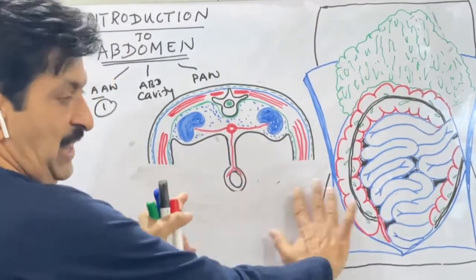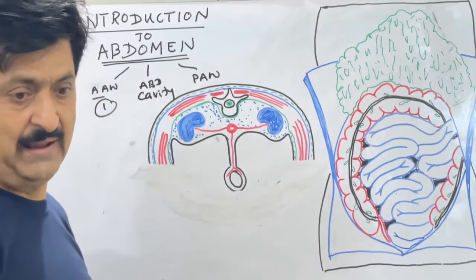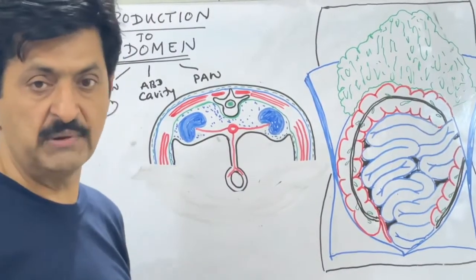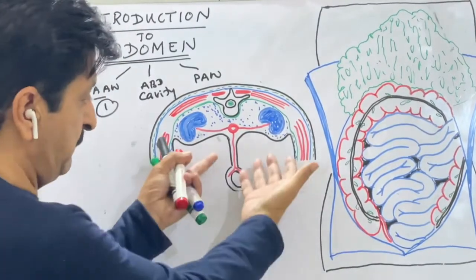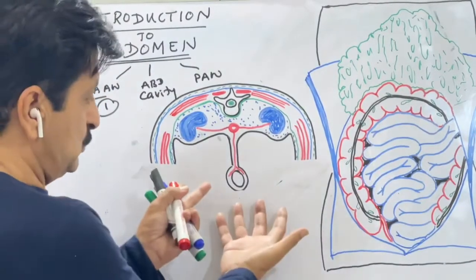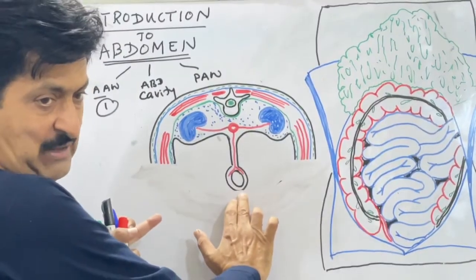But when you have removed all these 9 layers, the skin and fascia, then the three muscles, and then the three layers of fascia transversalis, extraperitoneal fat, and the parietal peritoneum, and the peritoneal fluid has been removed, you can't see the small intestine in the middle.